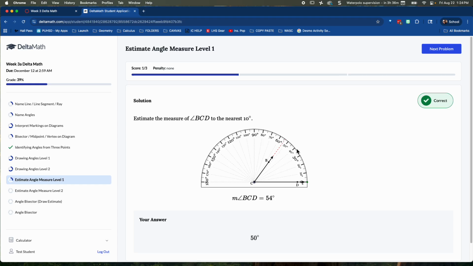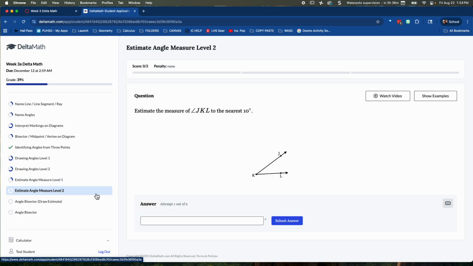This is, again, trying to get you to estimate approximately how big an angle is, knowing where 90 is straight up or 180 is all the way in the other direction. This one's a little bit harder because your bottom line might not be flat, but it looks like not too big. It's not a full quarter turn, and it could be maybe even half of 45.